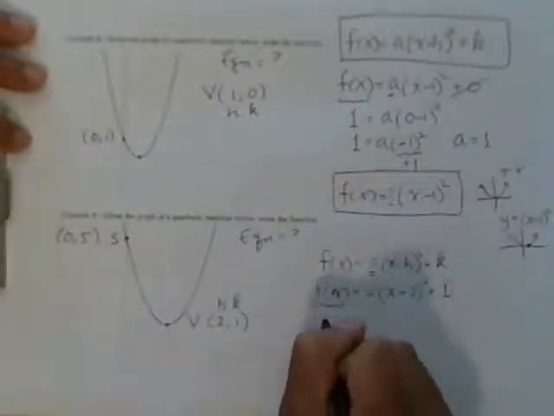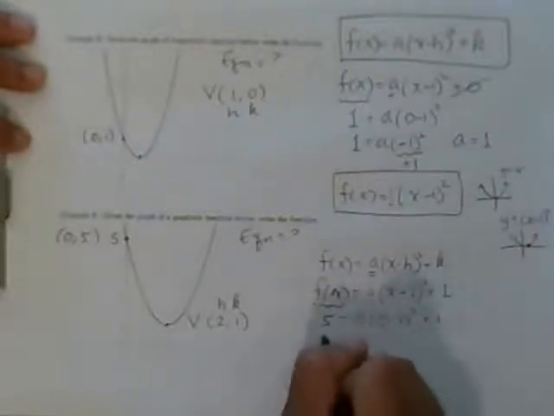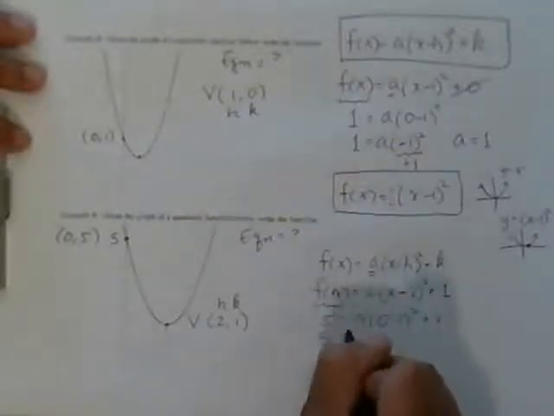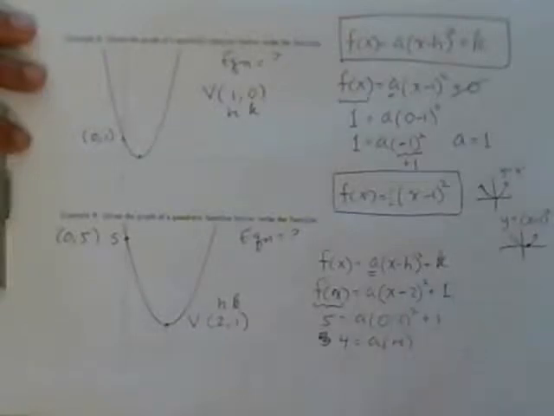So that's our y value, which is 5 is equal to a times 0 minus 2 squared plus 1. So 5. I'm going to subtract the 1 right over here. So that becomes 4 equals a times 0 minus 2 is negative 2 squared is going to be 4. So a must equal 1 again.